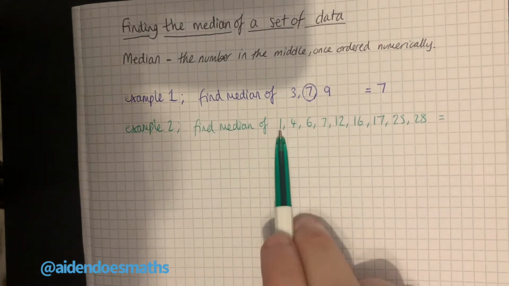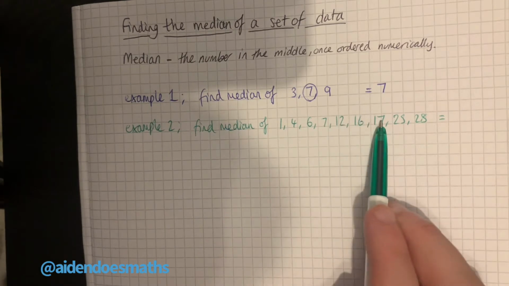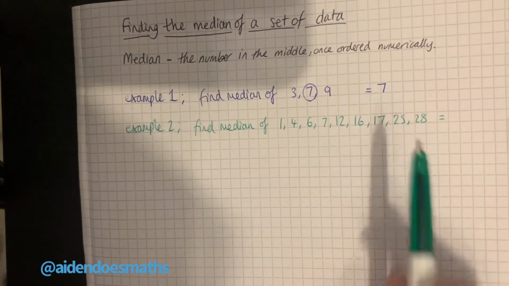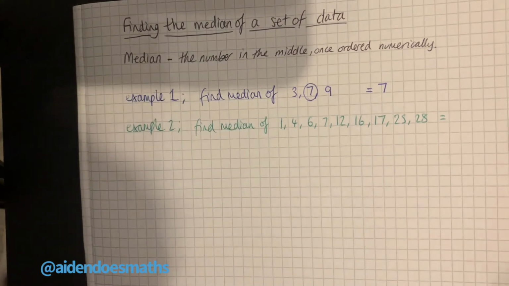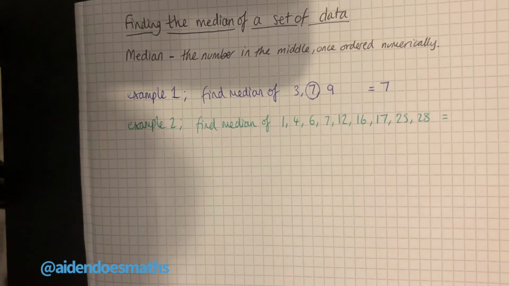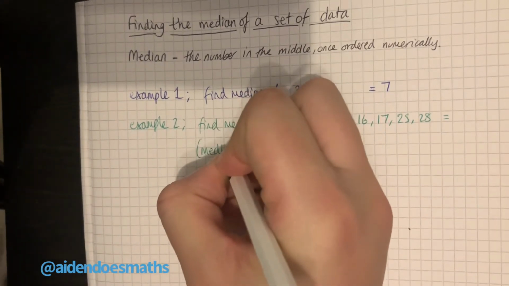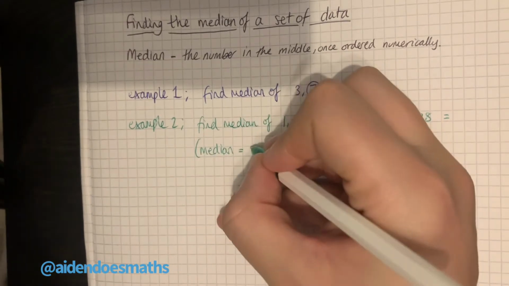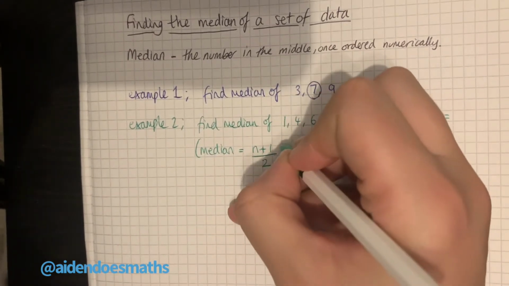Now, first of all, we could look and see there is 1, 2, 3, 4, 5, 6, 7, 8, 9 numbers. Okay, so which one do we think might be in the middle of 9? There is a way we could work that out. If we add 1 to 9 and divide it by 2, so a little hint here, median is n plus 1 over 2.